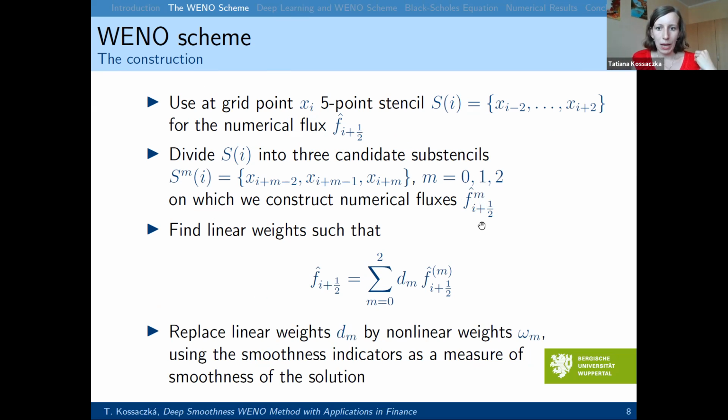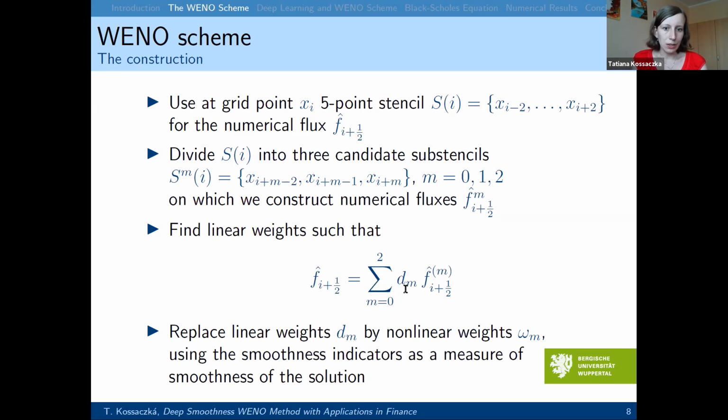Then we combine these f hat m with some weights to get the final approximation of the flux f hat. These weights dm are called linear weights, and if we used them, we would get just the central upstream numerical scheme.